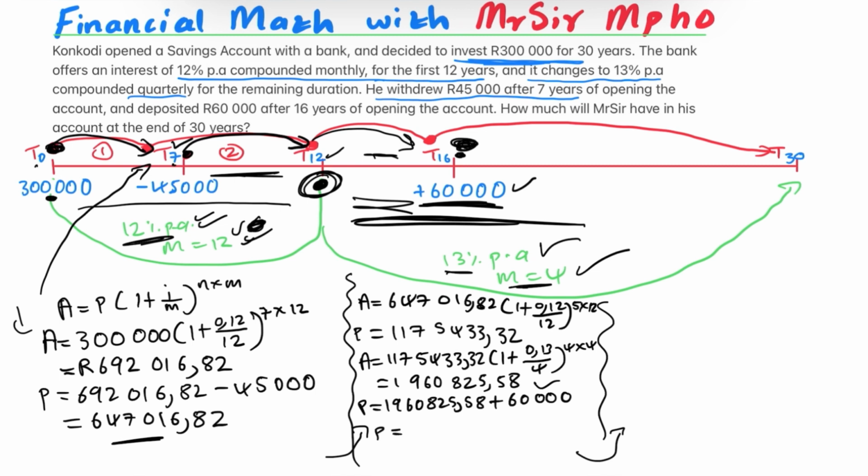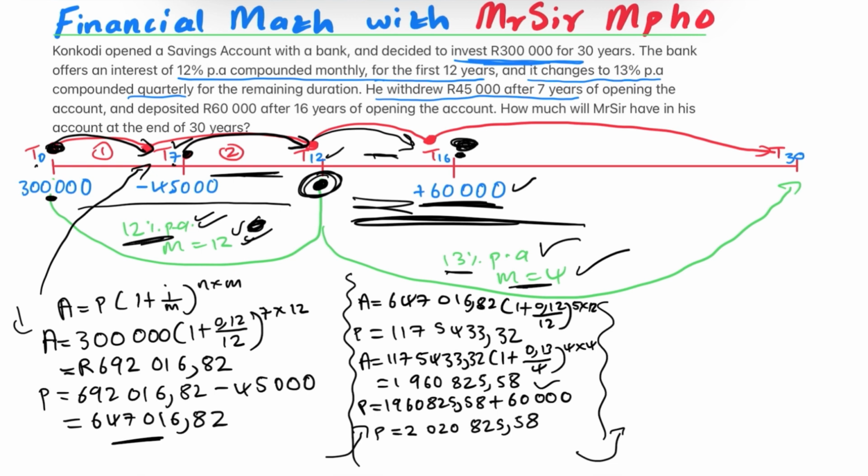And then my new P will be the answer to that. What's going to be the answer? The answer will be 2,020,825 Rand 58 cents. Whoa. This person is swimming in money, hey?